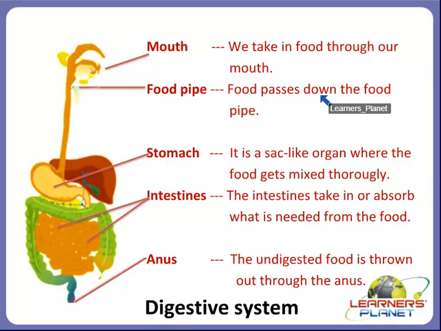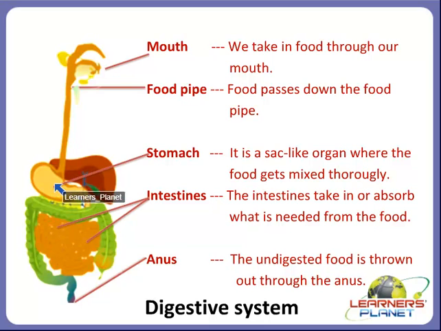Right? So where does this food pipe pass the food? It passes the food into stomach. Yes? You can see this? This long tube-like food pipe directly passes the food into stomach.